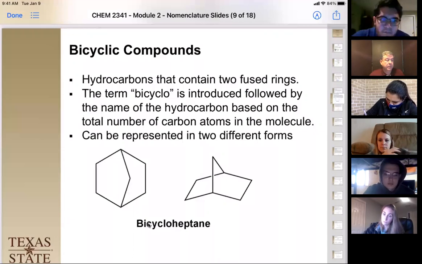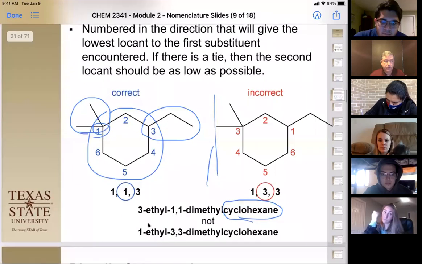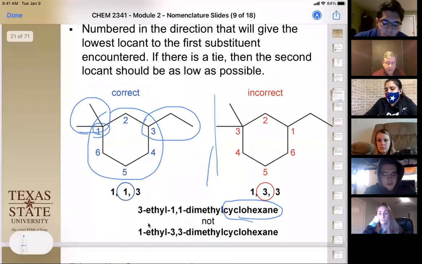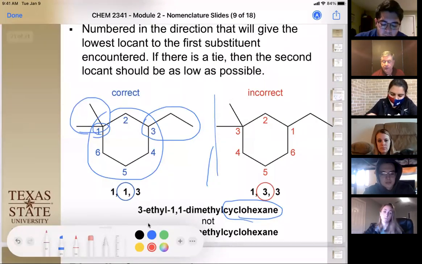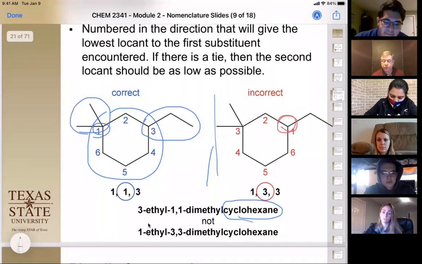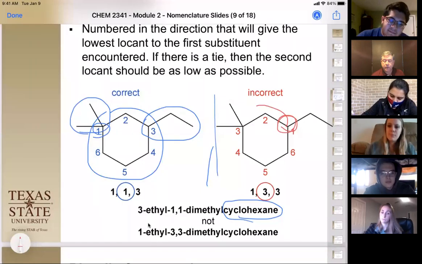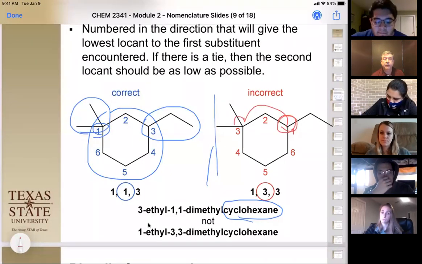Why are the methyl groups on the one carbon? There's a question here about why the methyl groups are there. If we numbered it this way, where the ethyl group is on the 1, then our next one would be on the 3 and then the 3. So we have 1, 3, 3. If we used this as our number 1, we have 1, 1, 3.